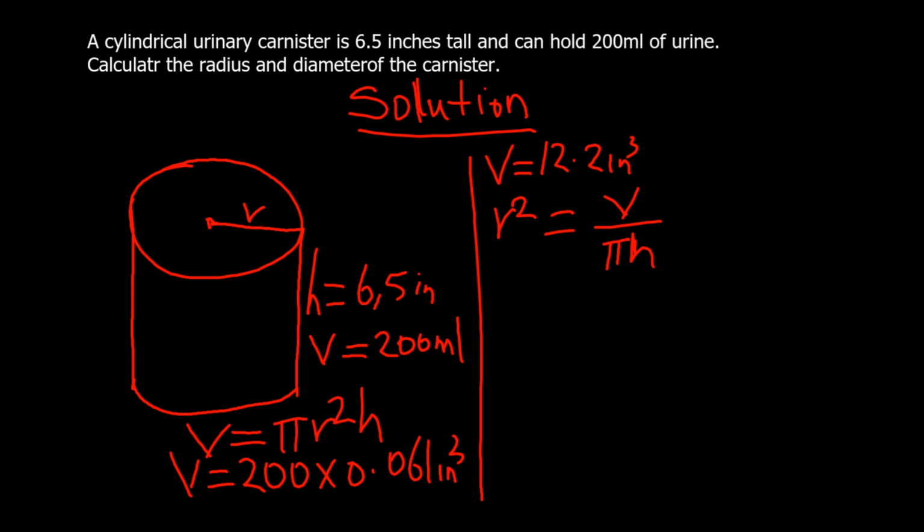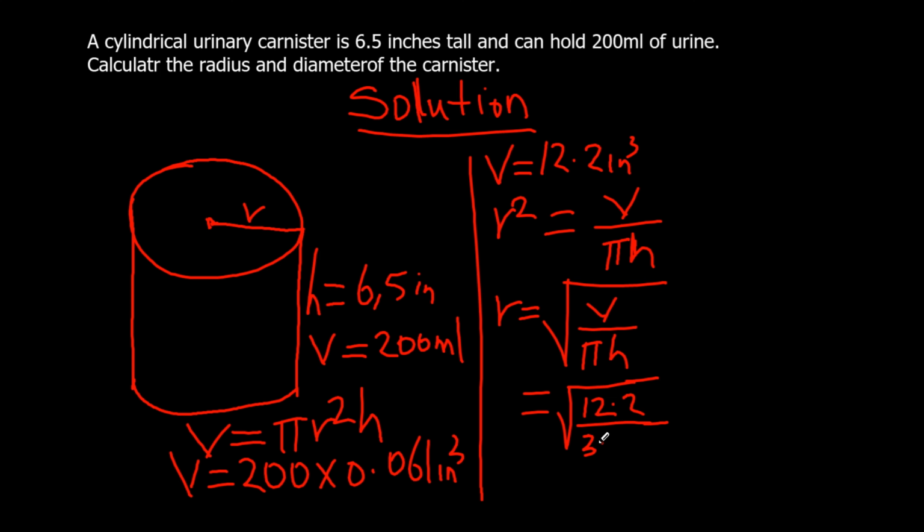So, you see that the radius will be equal to the square root of the volume over pi h, which will be equal to the square root of the volume we already know, which is 12.2, divided by 3.1415 times the height, which is 6.5.